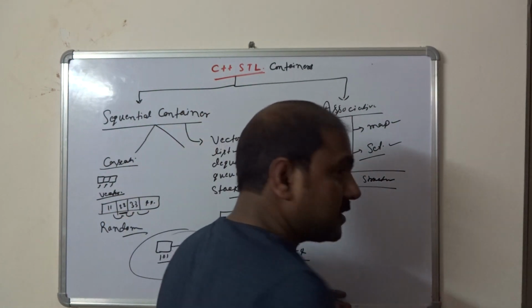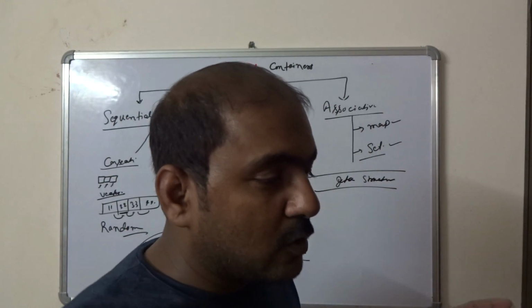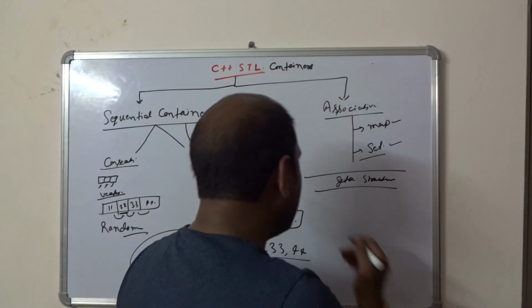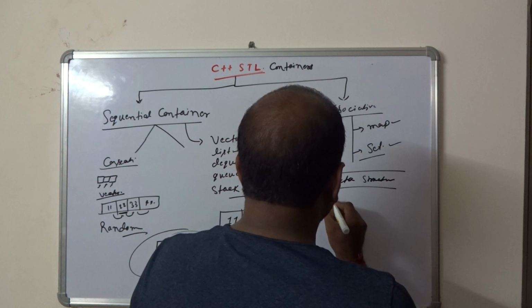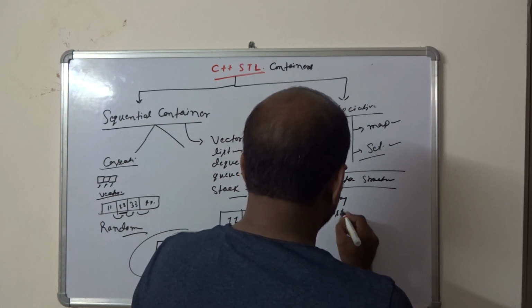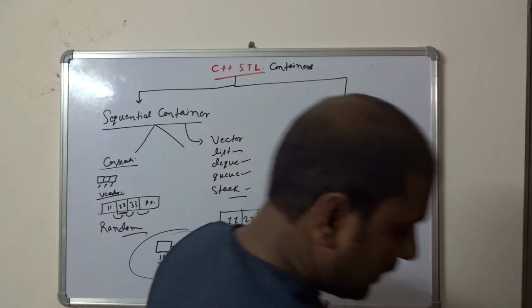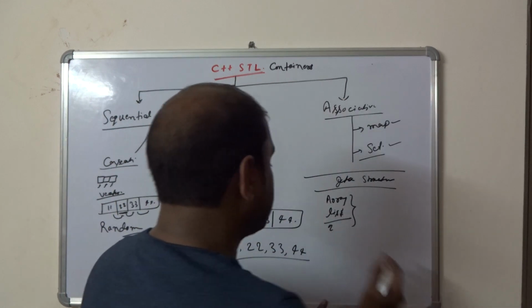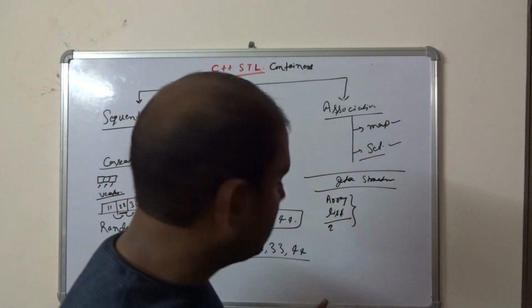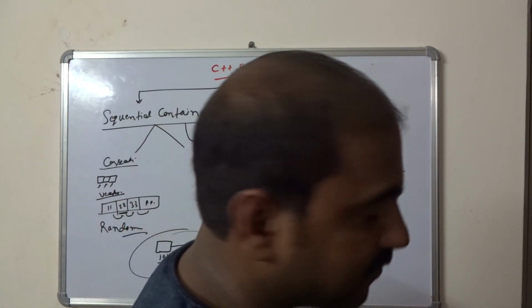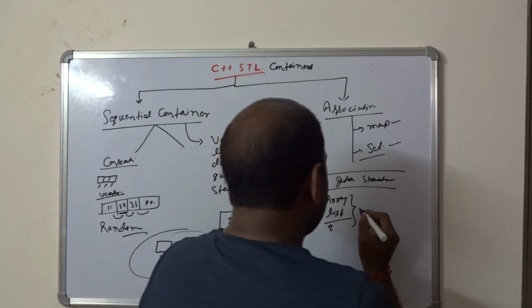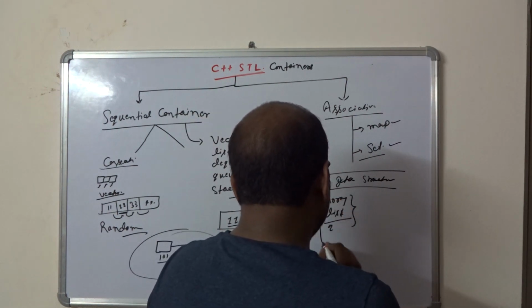A data structure is something where you manage the data. So in data structures we have the concept of array, list, queue, stack, all these things. These are the sequential data structures.